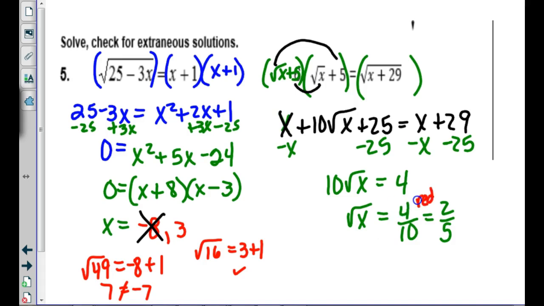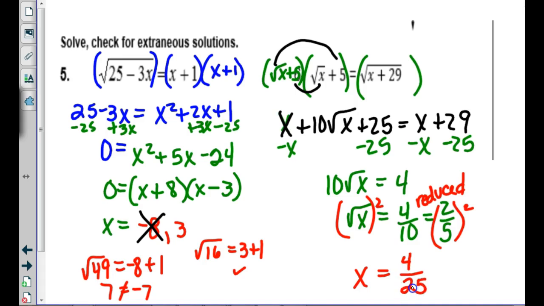It's just reduce. So if I square both sides, I get what? Okay, is that going to reduce? No, be careful. Square rooting and reducing fraction aren't the same thing.